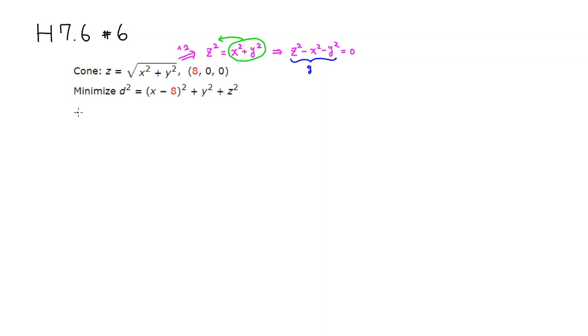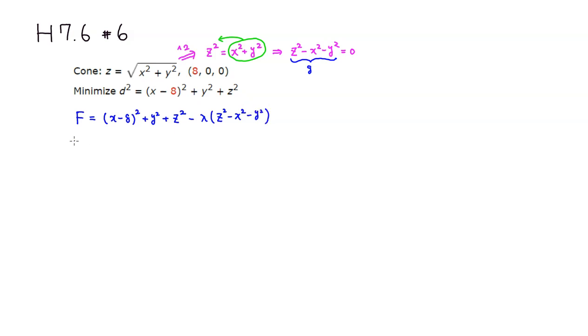Capital F is going to be the quantity x minus 8 squared, plus y squared, plus z squared, minus lambda times the quantity z squared minus x squared minus y squared.